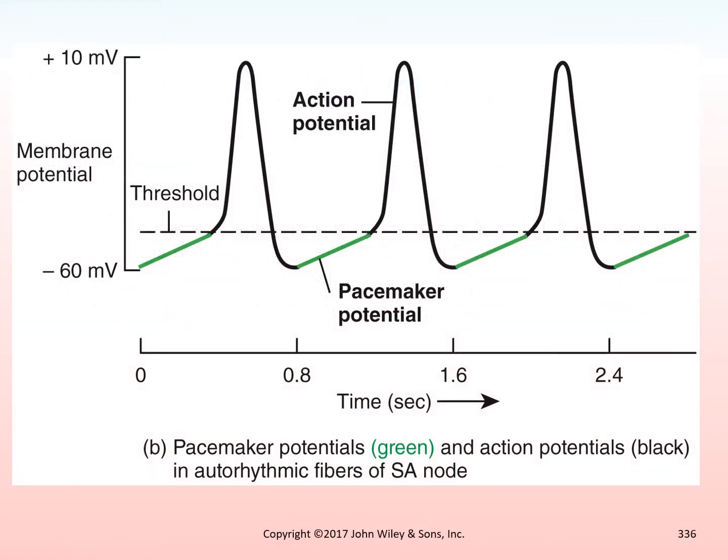Well, like I said, this is the sound of the wind howling, and it reaches a certain point. Then it triggers something to happen, and that something is sodium pouring in locally. Then it stops. Then the potassium comes out, and that stops.